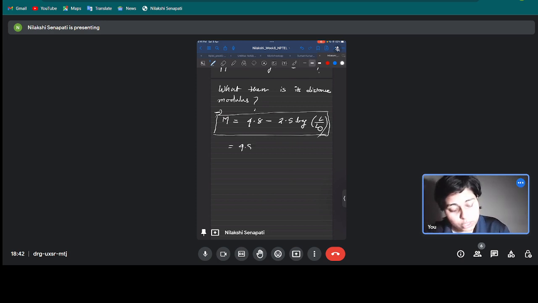I can write this in terms of L sun directly, because in case of absolute magnitude, I told you guys that absolute magnitude is always measured as if the star was at 10 parsec distance, then what will be its magnitude?